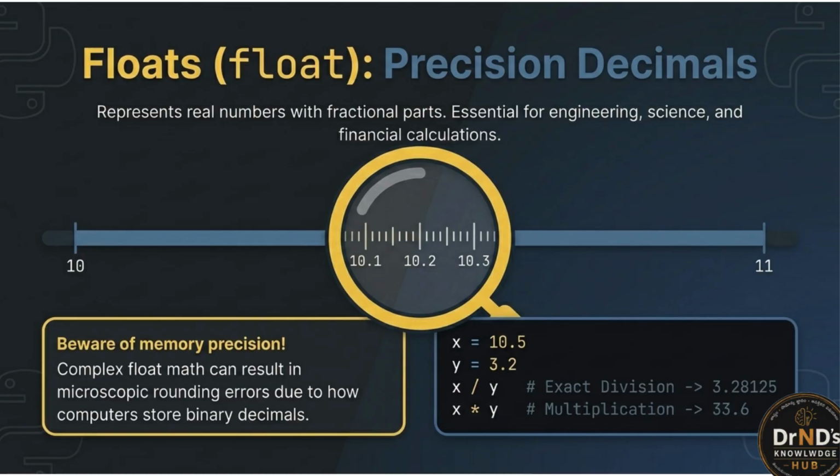Floating point precision. This is one important concept to understand about floats. Computers store decimal numbers using binary representations. As a result, some decimal values cannot always be represented perfectly in memory. This may occasionally lead to very small rounding differences.